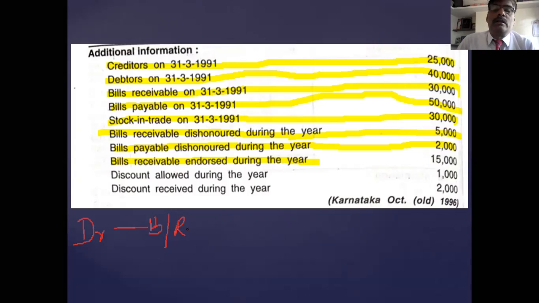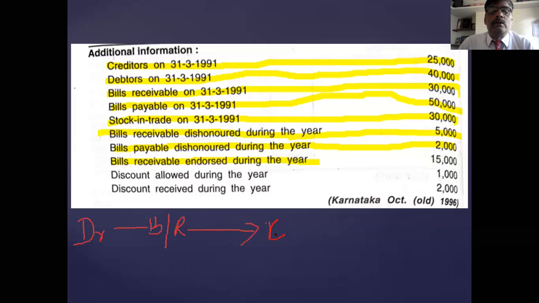Instead of writing a bills payable, whatever bills receivable you are having, the same bills receivable may be given to the creditors by putting a signature on the back of the instrument, which is called endorsement.